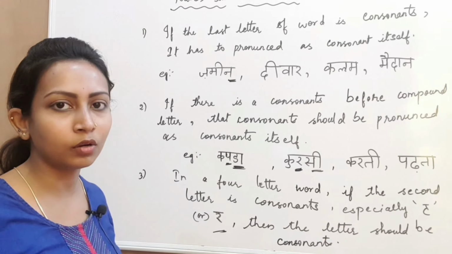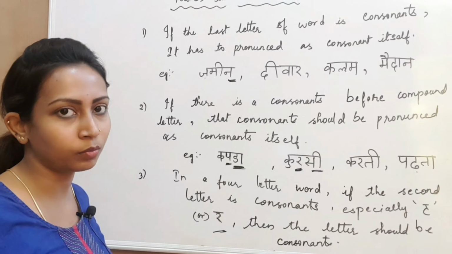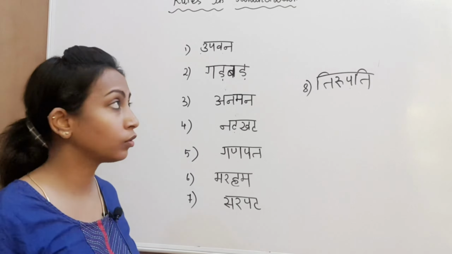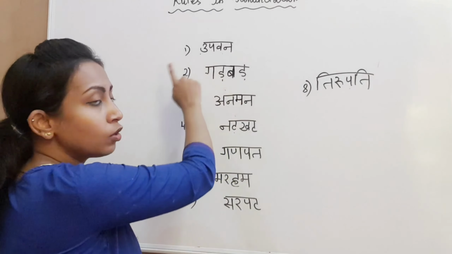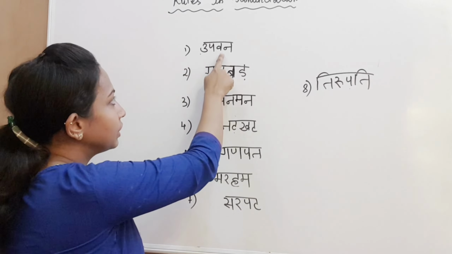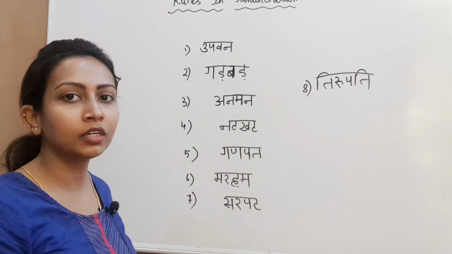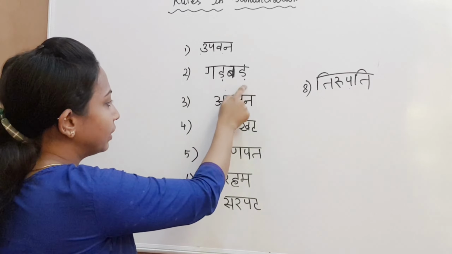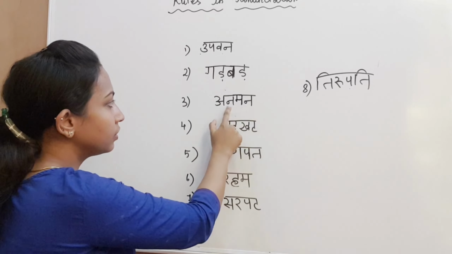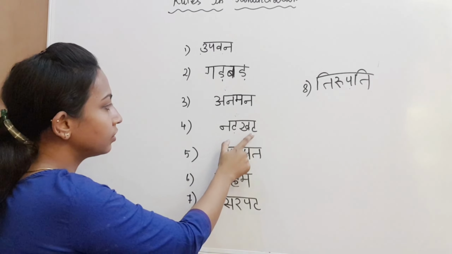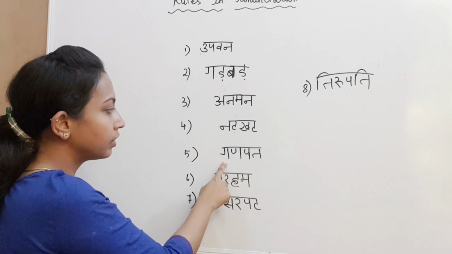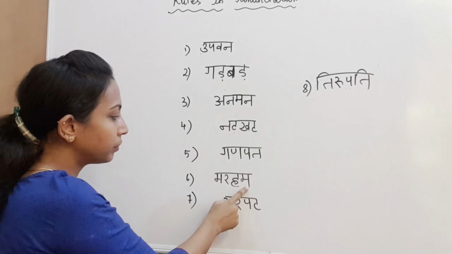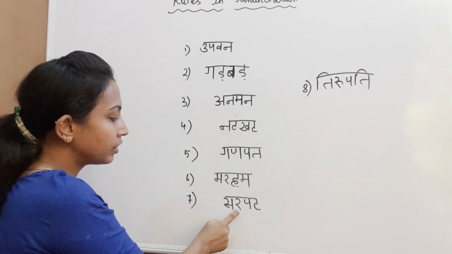Let's see some four-letter words and how we pronounce them. Upavana, upavan, gada, bada, gadbad, ana, mana, anman, nata, khata, natkhat, gana, pata, ganpat, mara, hama, marham, sara, pata, sarpat.